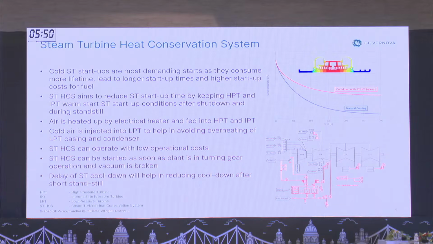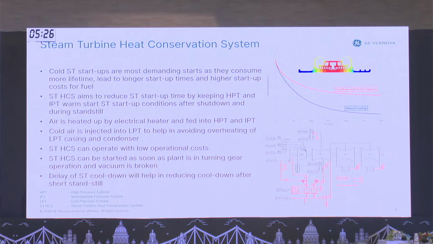And with that, based on plant to plant, the turbine configurations can be different. For example, sometimes you have a very long loop pipe, a long pipe from the main steam stop valve to the control valve. And there we have another auxiliary system, another air injection line, so that the loop pipes are always hot.